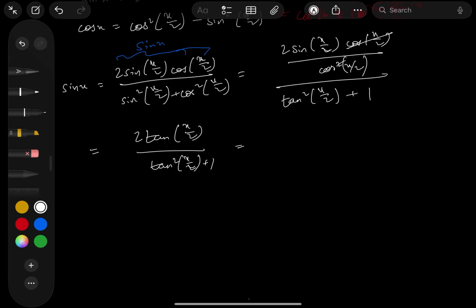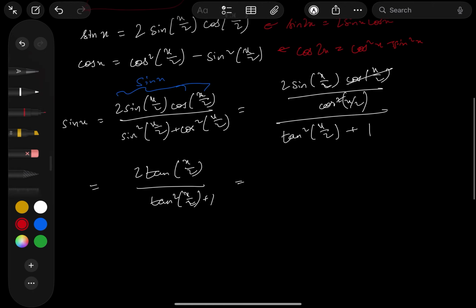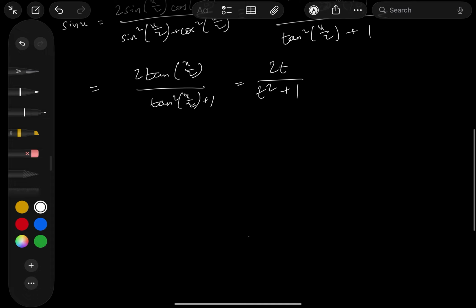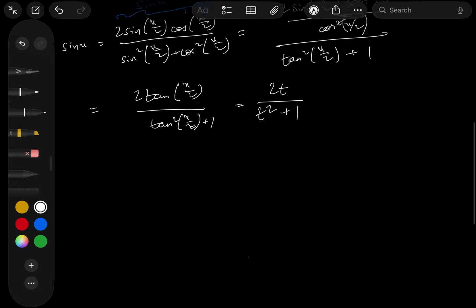So with our original substitution, t is equal to tan of x by 2, we get 2t over t square plus 1.